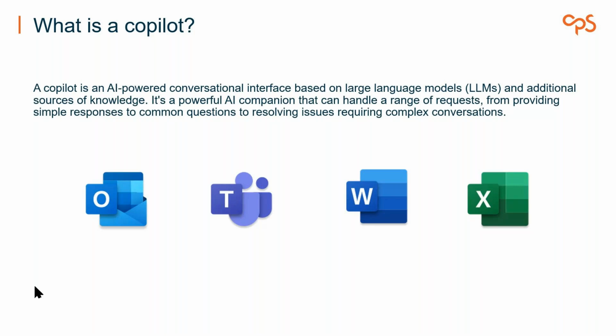Some of the most common ones are embedded into tools like Outlook, Microsoft Teams, Excel, and PowerPoint, and they can do really powerful tasks. It's a really good way of enabling organizations to solve their business challenges by improving operational efficiency, increasing productivity, and providing really good and strong customer and colleague experiences.